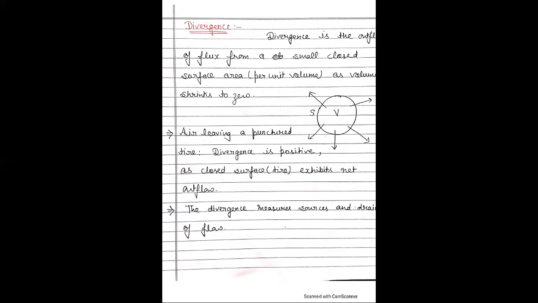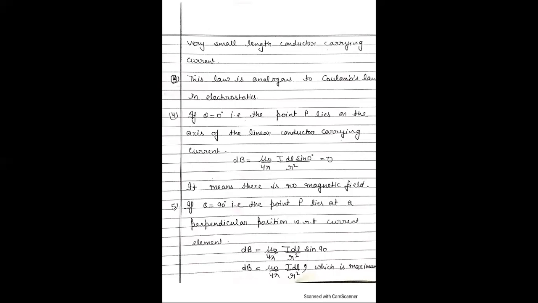There are some similarities and dissimilarities between the Biot-Savart's law for the magnetic field and Coulomb's law for electrostatic field. The similarities are: first, both the laws for fields are long-range order, since in both the laws the field at a point varies inversely as the square of the distance from the source to the point of observation.